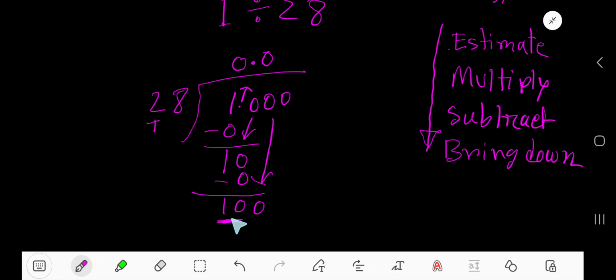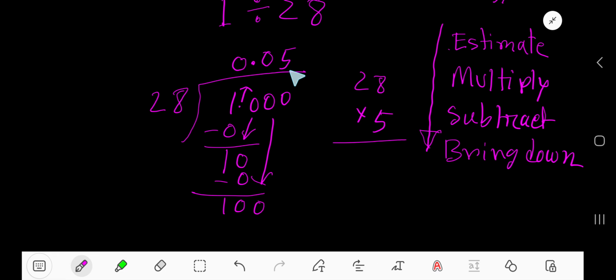So 2 goes into 10 5 times. Let's try with placing here 5. Then we need estimation. After estimation we need multiplication. So 28 times 5.